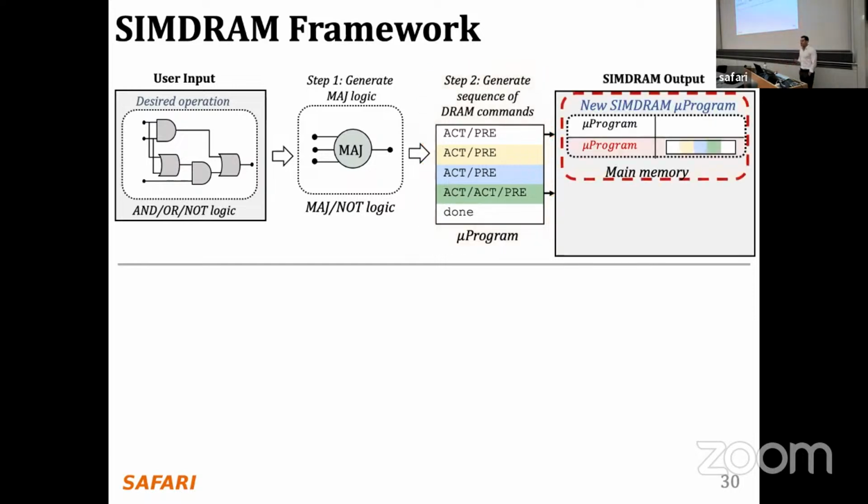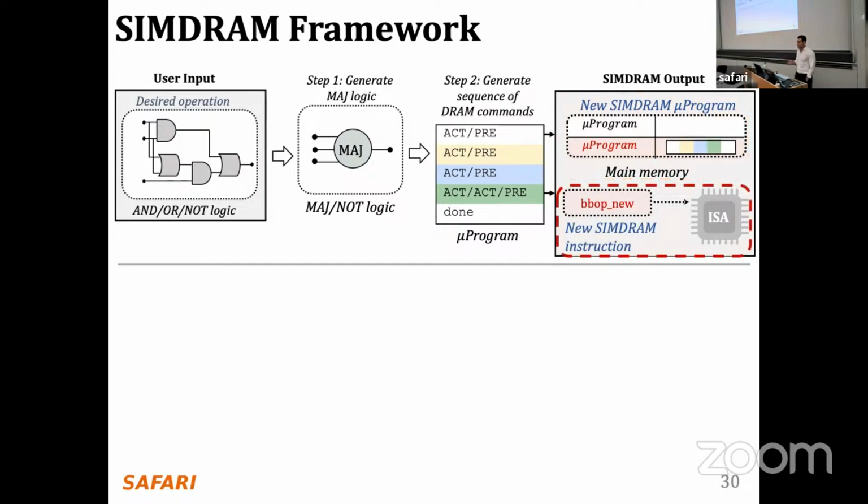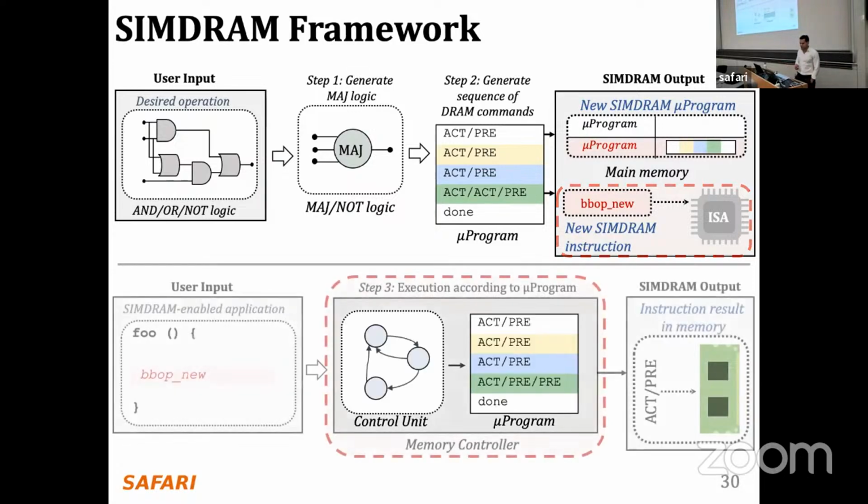So we store this microprogram inside the DRAM chip for future use, and we add a new SIMDRAM instruction to the CPU ISA so that the user can instantiate this instruction in their application.